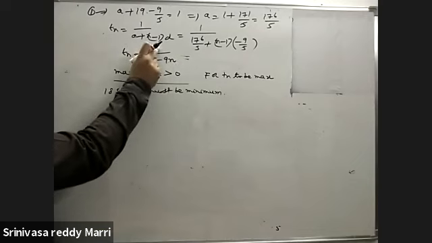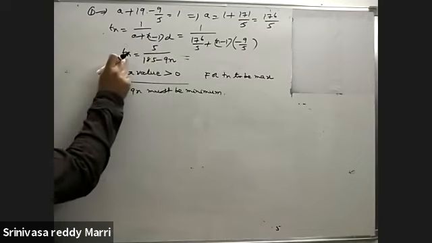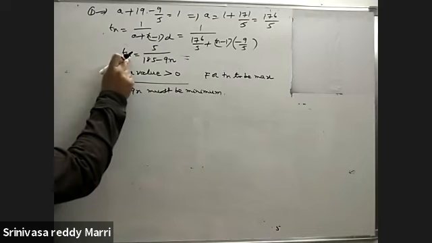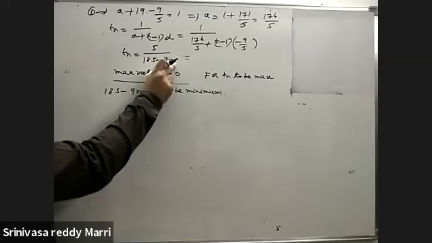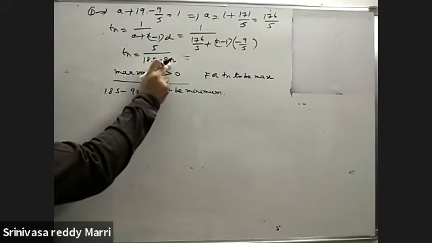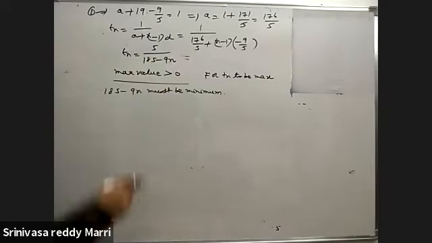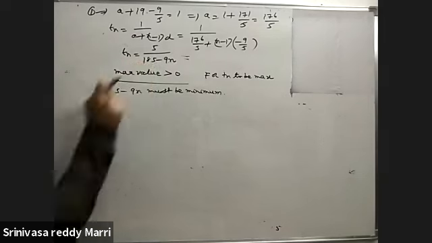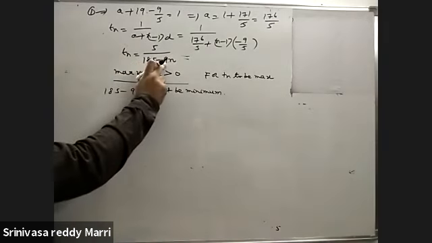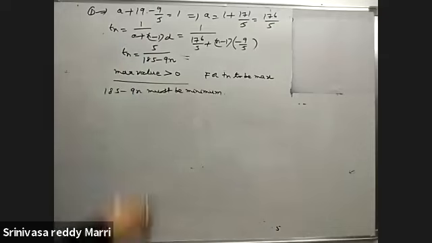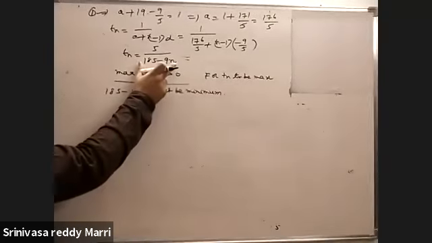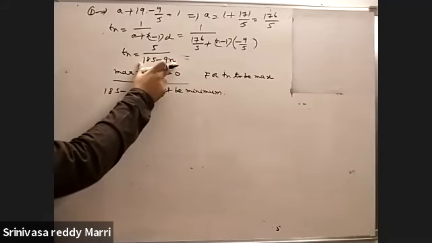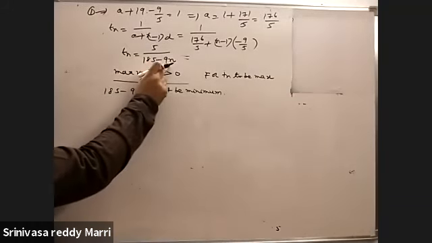Suppose if we substitute n equal to 1, that means 5 divided by 185 minus 9 is the first term. If we substitute n equal to 2, 185 minus 9 into 2, that is a lesser denominator, so T2 is more than T1. If we substitute n equal to 3, 185 minus 9 into 3, that will be more than T2. If you keep on substituting, it must be close to 185.